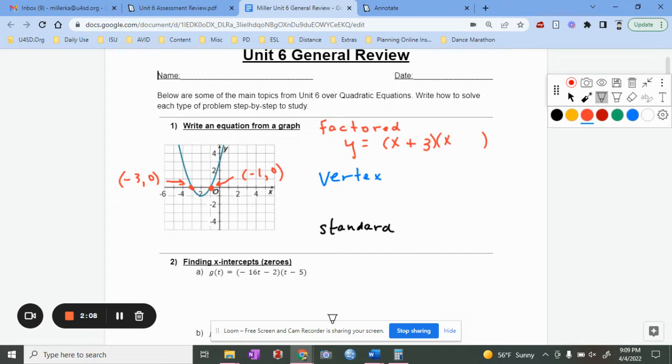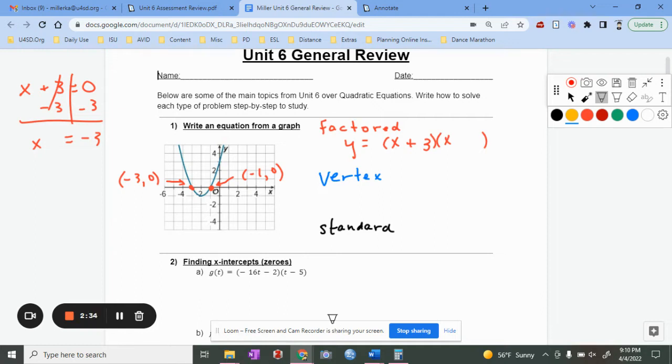If you remember, if I take that x plus 3, we find our x-intercept by setting each of these parentheses equal to 0. So I subtract 3 from both sides, and we get x equals -3. Now I can go backwards and say, all right, I want that 0 back.